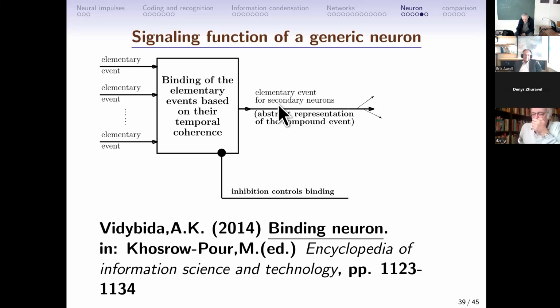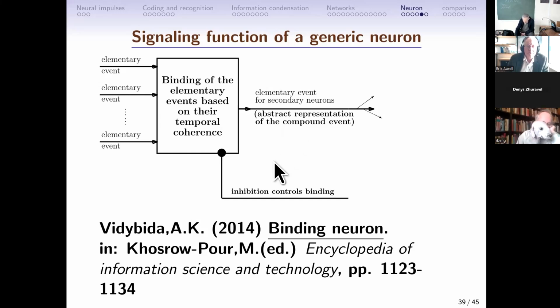The output spike can be considered as the abstract representation of that expected coherent compound event. And this spike, of course, does not keep information about the timing of each elementary event, but this is normal for an abstract representation.